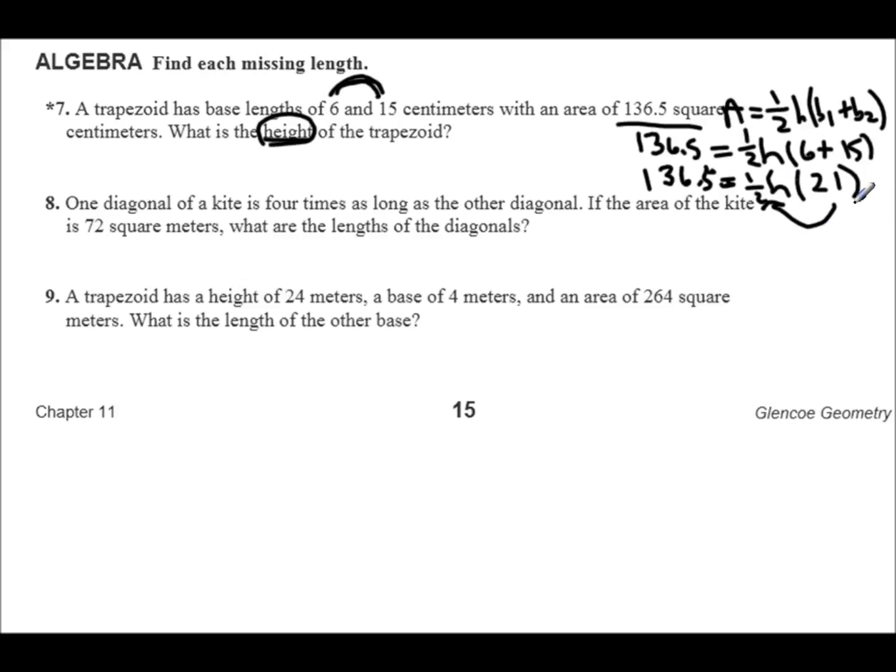It can go in any order. So carrying everything down, I have 136.5 equals 1/2 of 21, which is 10.5 times the height. And now I just want to divide by 10.5 on both sides. So my height will be 13.